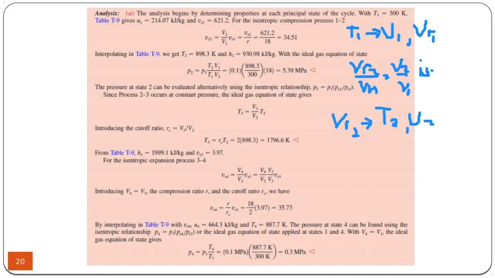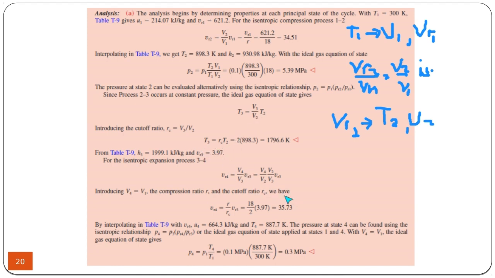And remember that in combustion, the pressure was constant. When the pressure is constant, the temperature and volume can be related to each other like this, because if the pressure is constant, if you divide the two ideal gas equations with each other, the pressures will cancel so that the temperatures can be written in terms of volumes and other temperatures.